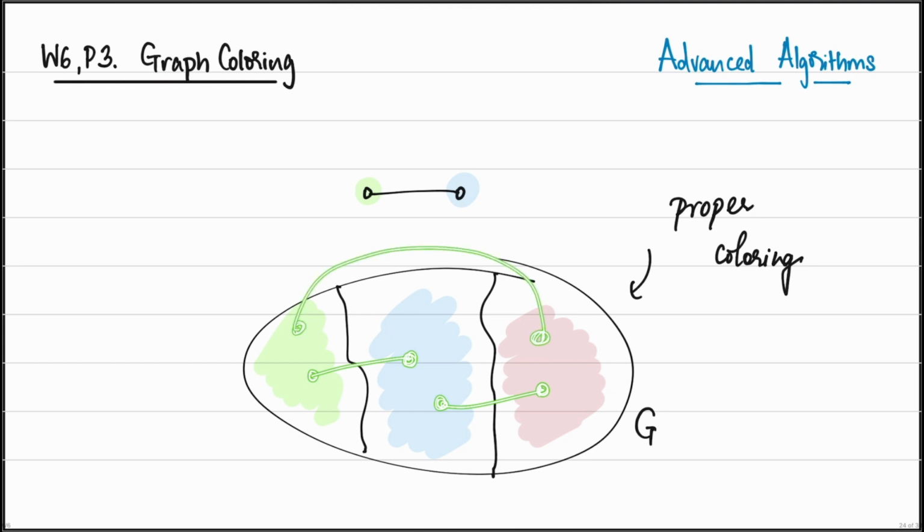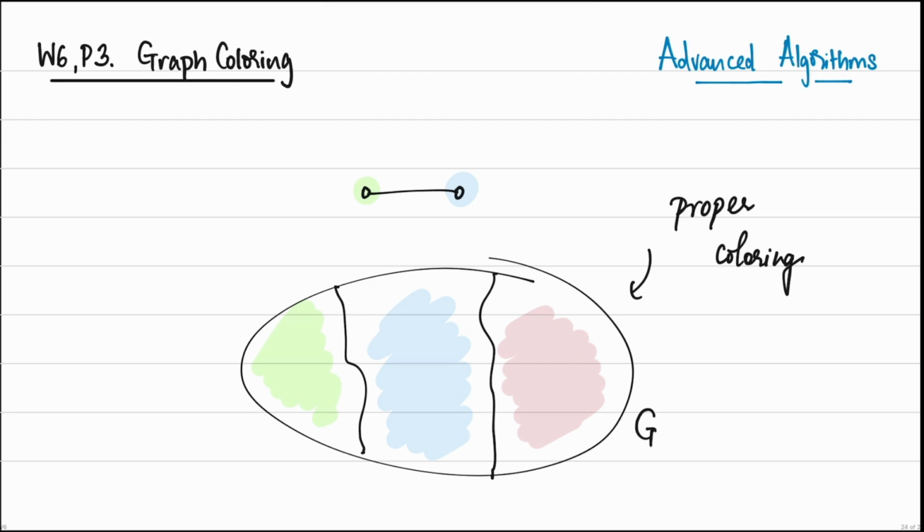All the edges must essentially lie across the parts, but that is the same as saying that their endpoints have different colors, right? So whether you think of it as edges having different colors on their endpoints, or you think of it as each color class inducing an independent set, it's really the same thing.